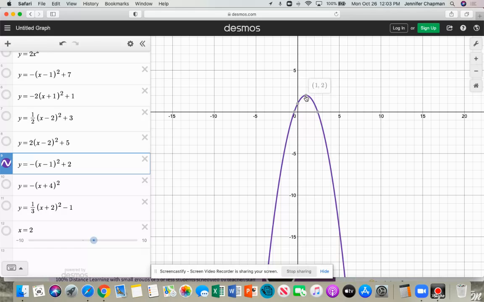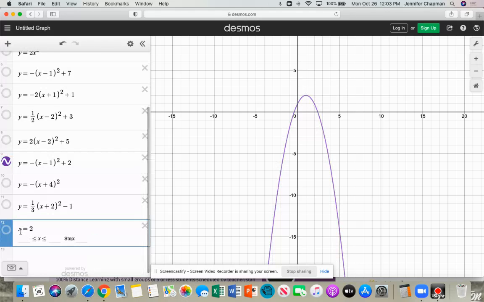And then domain and range, this is just a parabola. So domain is parentheses, negative infinity, comma, positive infinity, parentheses. And then range is where it's going to be restricted. This function lives below y equals 2. So there's nothing above that line, y equals 2. Let me go ahead and just emphasize that here.